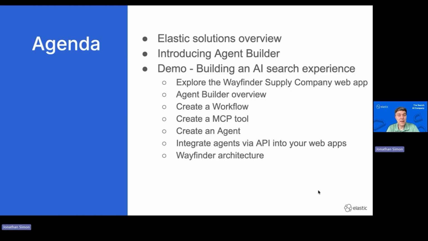I'll give you an overview of that. We will use Agent Builder to create a workflow. We'll create an MCP tool, and we'll create an agent, and then we'll integrate that agent that we created back into the Wayfinder web app. And then we'll conclude with a walkthrough of the architecture that the Wayfinder web app is created with.